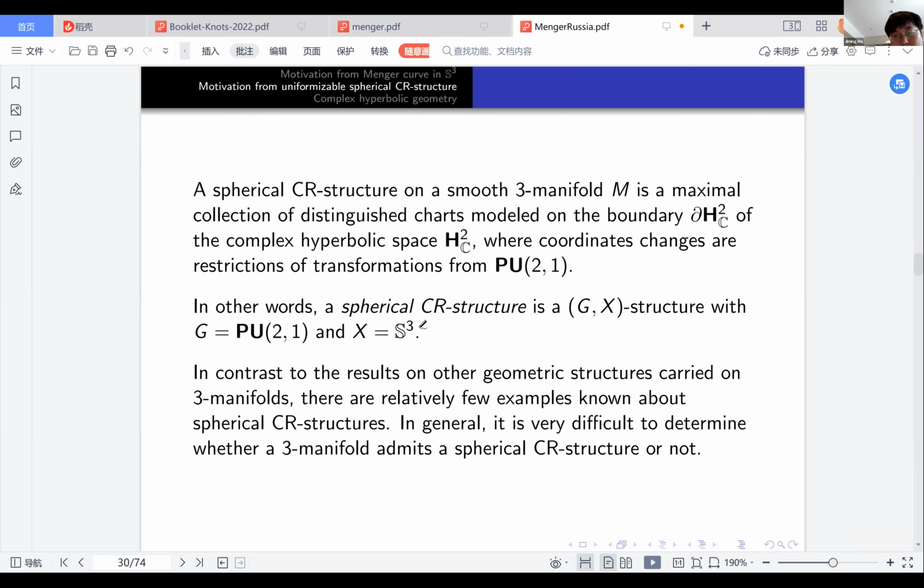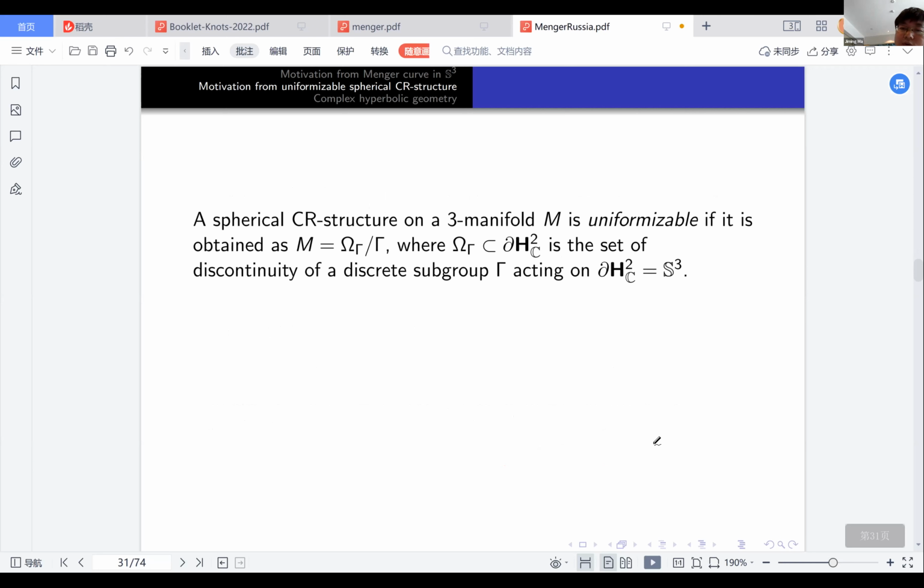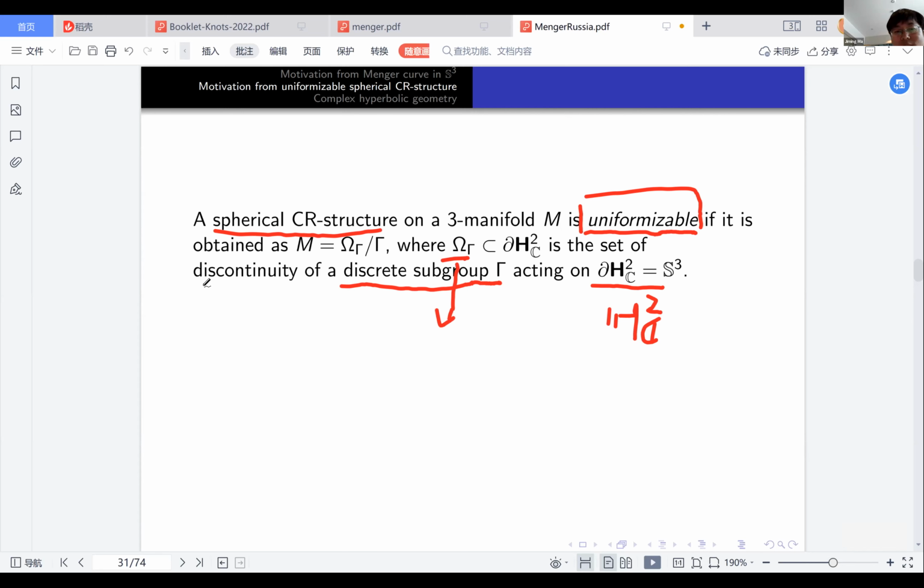Today we will pay attention to a special kind of spherical CR structure, the uniformizable spherical CR structure. So what is the meaning of uniformizable? If we have a discrete subgroup gamma acting on complex hyperbolic space, then we have the regular set, or maybe the set of discontinuity, omega gamma.